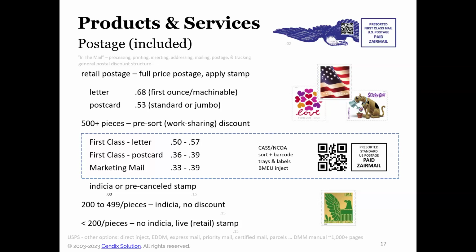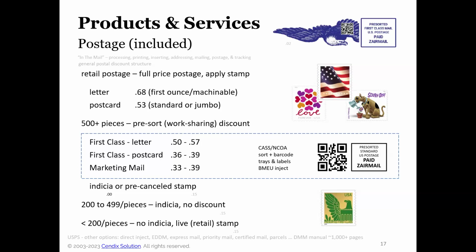A postcard is 53. Those rates are getting ready to go up again. The Postal Service has been raising rates every 6 months for the last 2 years. The newest Postmaster General seems to feel like that's a good idea. Here in the industry, we're less certain of that.